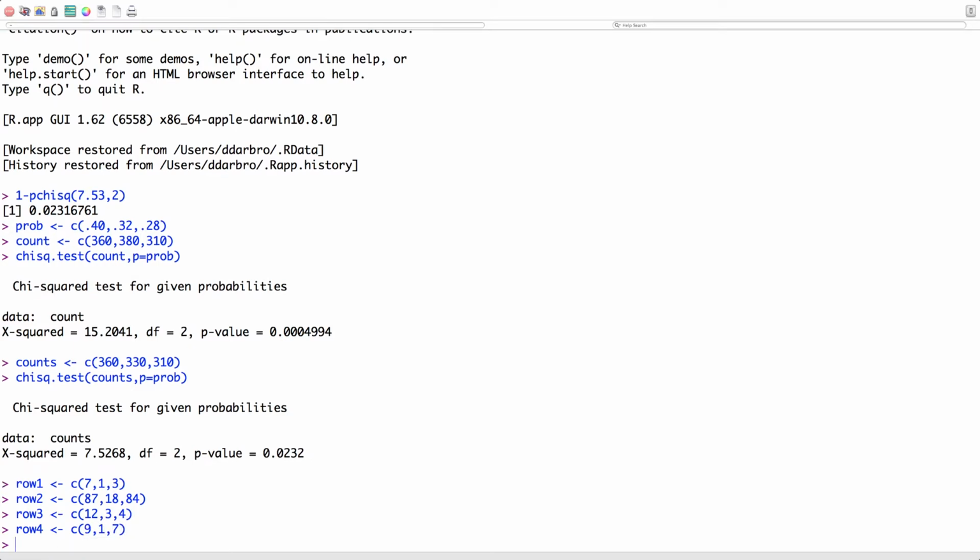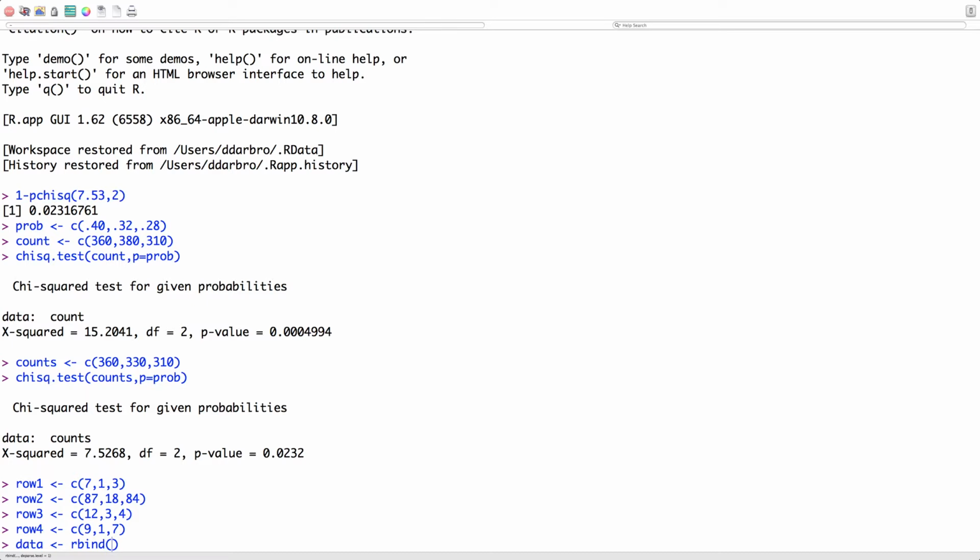Okay, next thing we do is kind of clever. We'll actually bind these. So we do what's called a row bind. And I'm just going to call it data.